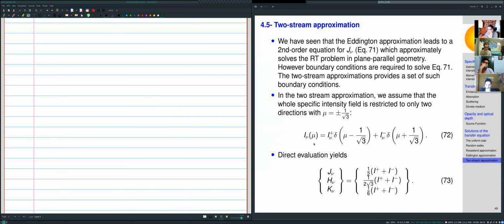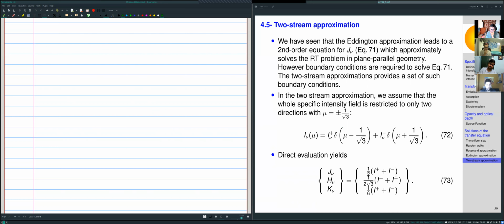Now this is not a mildly anisotropic radiation field. It is a strongly anisotropic radiation field. Normally this is not a situation where we would be using the Eddington approximation. However, if we calculate the radiation intensity moments, directly evaluating the moments on equation 72, you obtain this result.